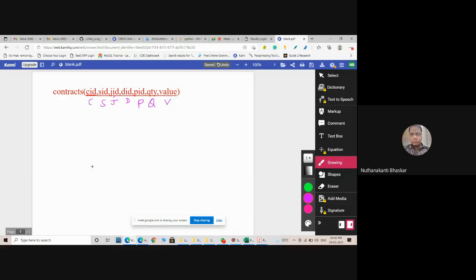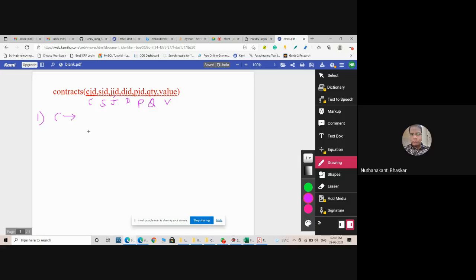Now, coming to the first one, C is a primary key. Yes or no? Yes, sir. Then if C is the primary key, how can we write the first functional dependency?